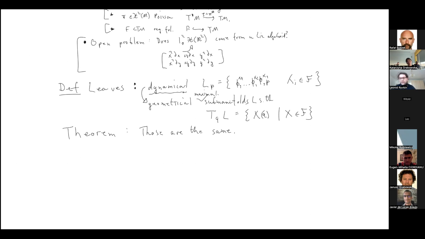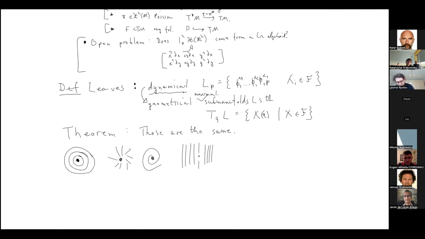So if I just look at R2 and put a singular foliation on it, with the origin as a singularity, the orbits could look completely different. So they can spiral. They could be parallel lines interrupting at some point.